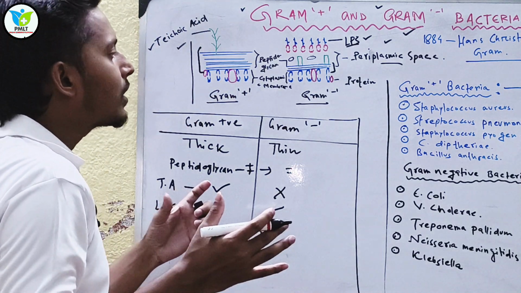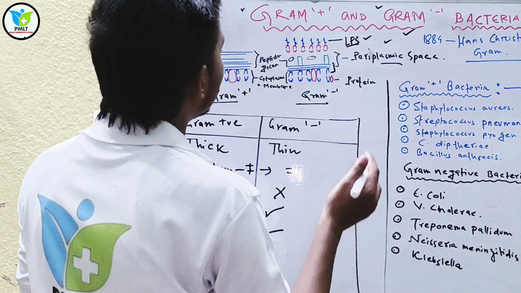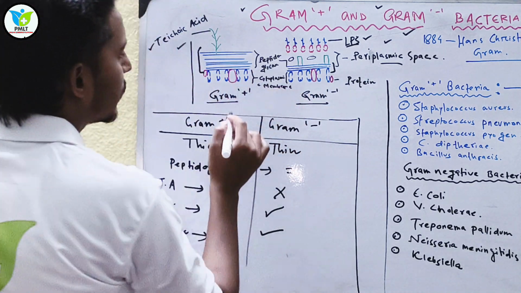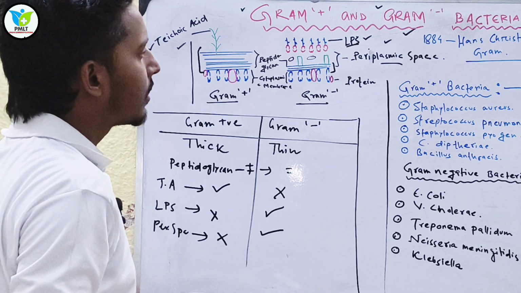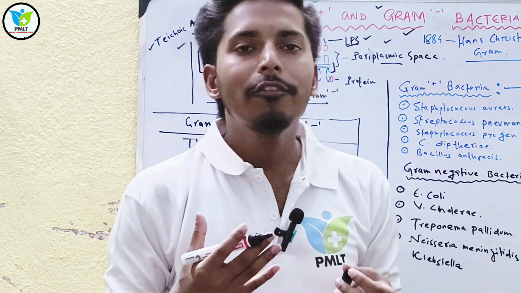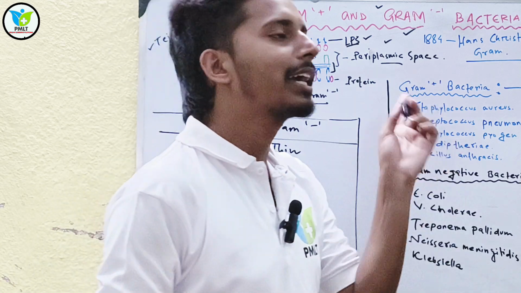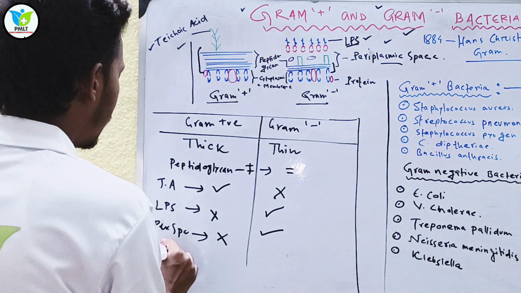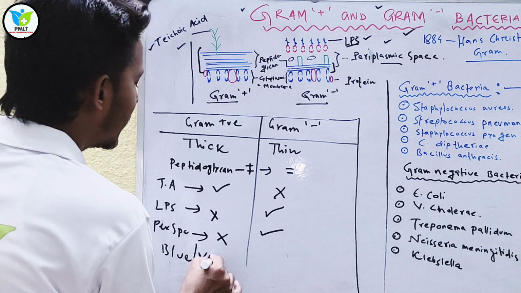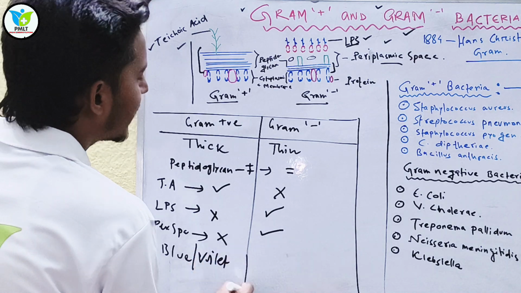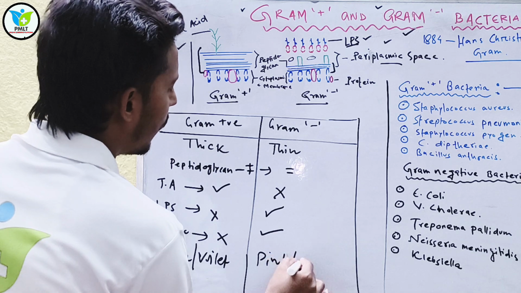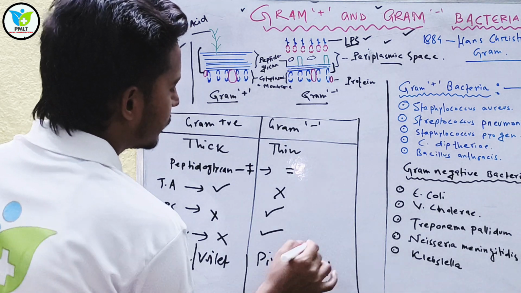After that, the cytoplasmic membrane is present in both, so that is not a differentiation. Whenever you do gram staining, you will find that gram-positive bacteria are blue or violet in color, and gram-negative bacteria are pink or red in color.